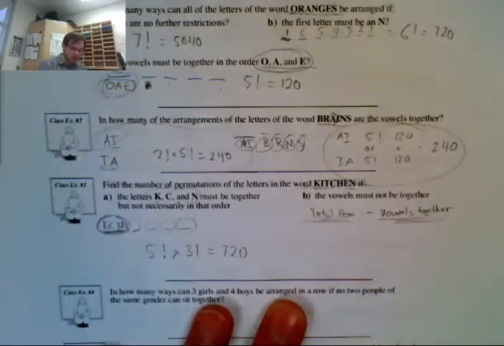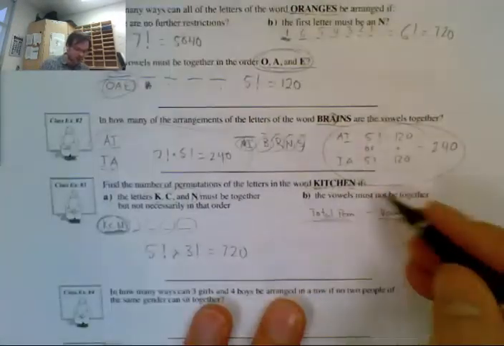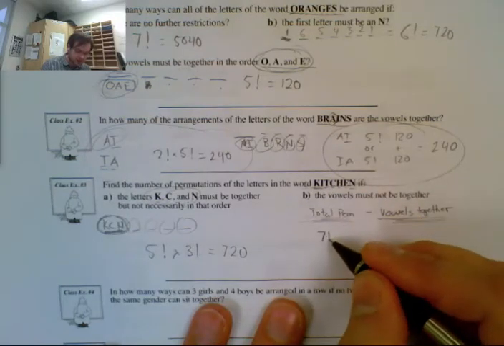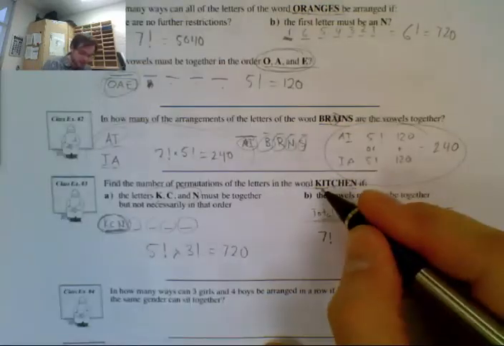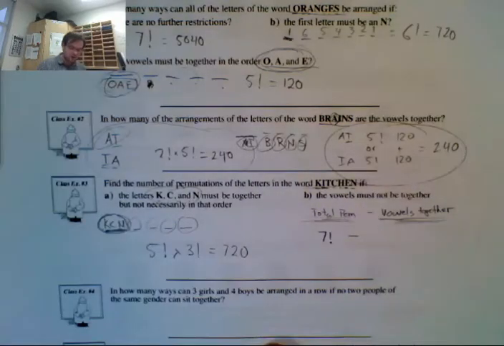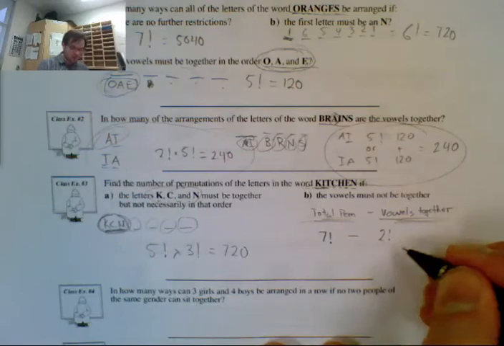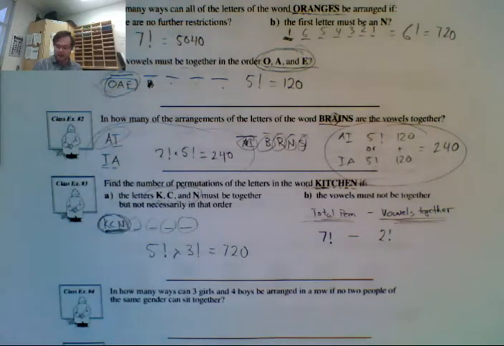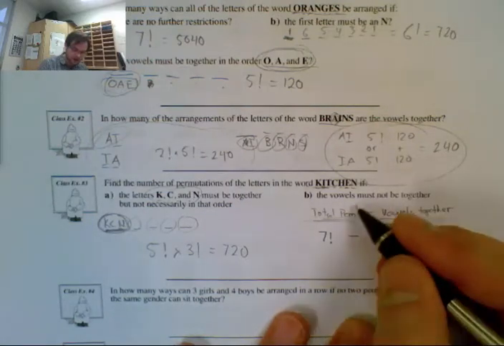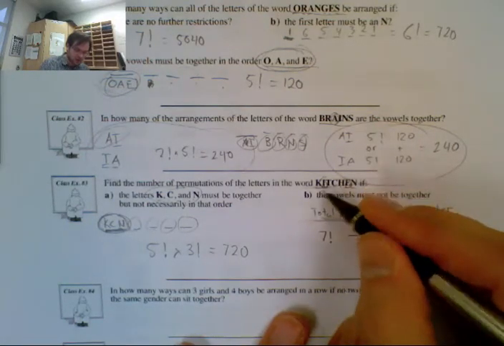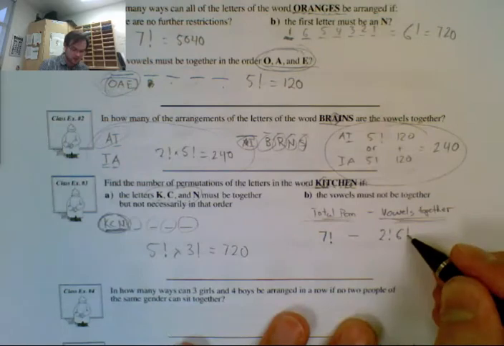Okay, so what is my total permutations? Well, there's 7 of them, so that's going to be 7 factorial. Now we want to subtract all the ones where the vowels are together. So there's 2 vowels, so that's going to be 2 factorial multiplied by 6 factorial, because now these would count as 1 letter, so that would give me 6 factorial.